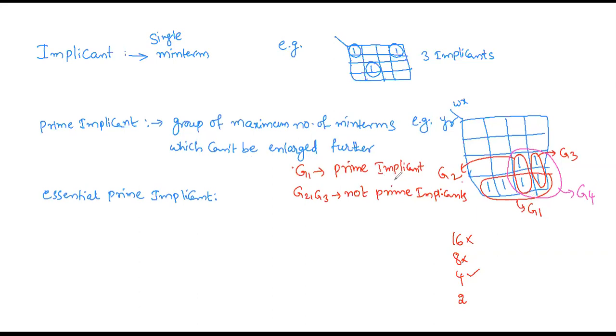So G1 is a prime implicant. G2 and G3 are not prime implicants. If you form a G4, then G4 is a prime implicant, because you can't increase its group size by any means. If you are unable to increase its group size by any means, that is a prime implicant.